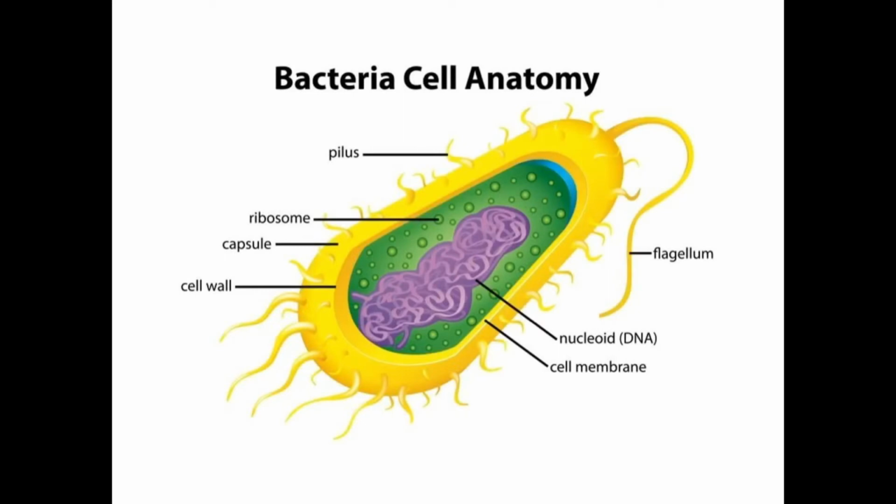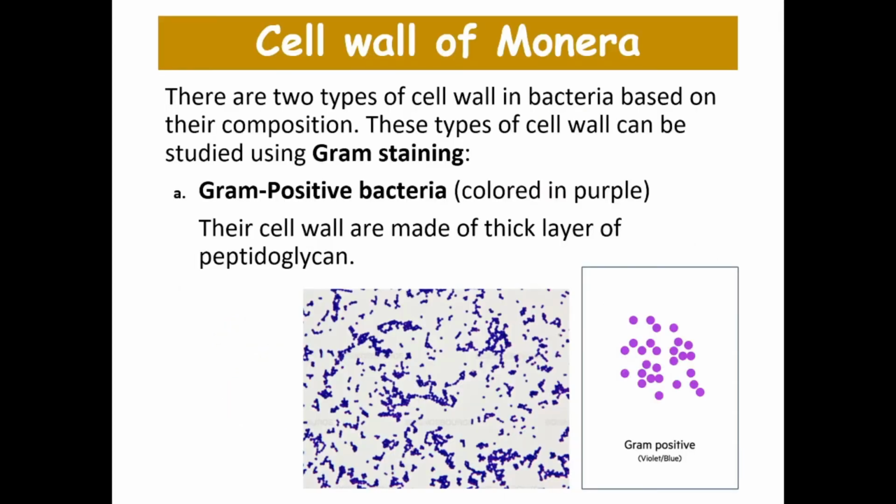This is a diagram about bacteria cell anatomy or Monera cell anatomy, which is considered a prokaryotic organism. There are 2 types of cell wall in bacteria based on their composition.